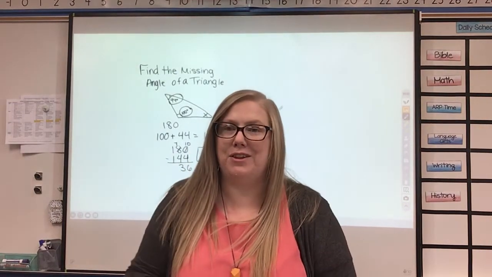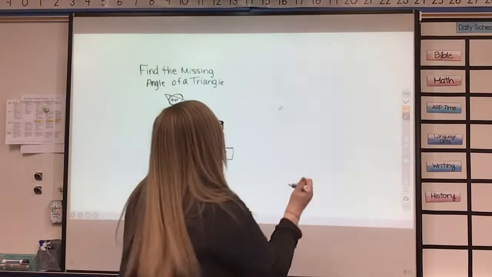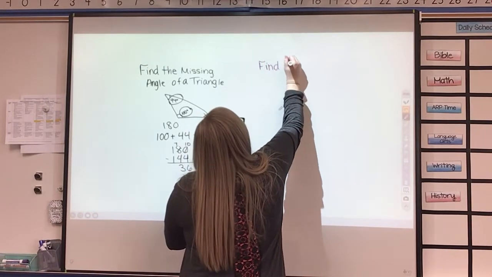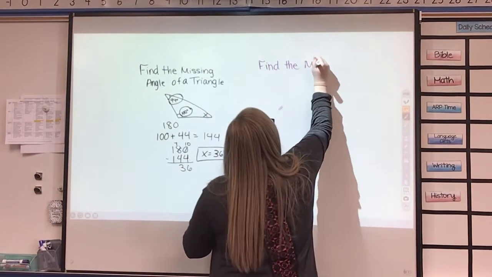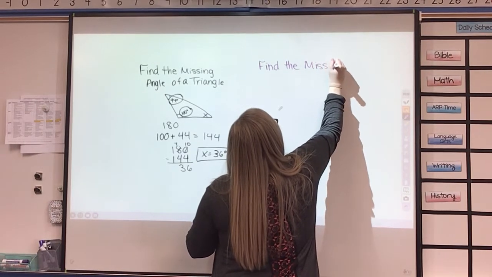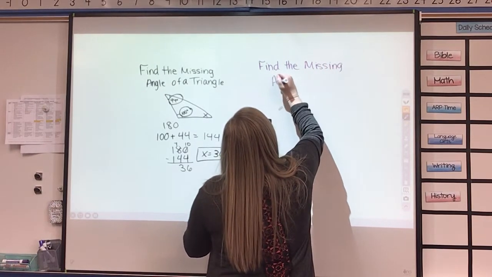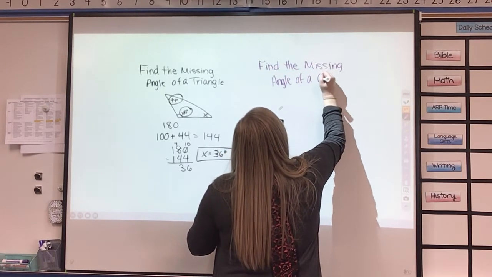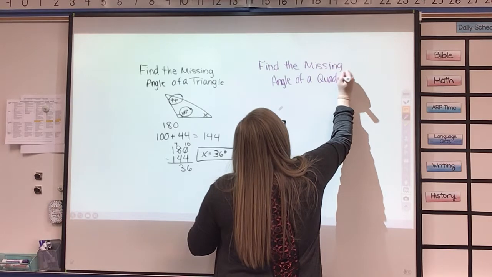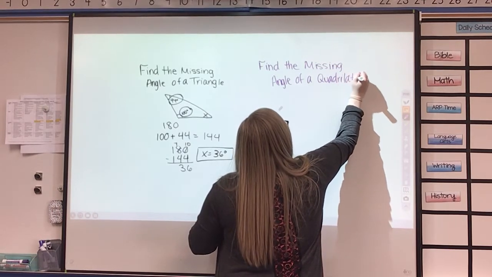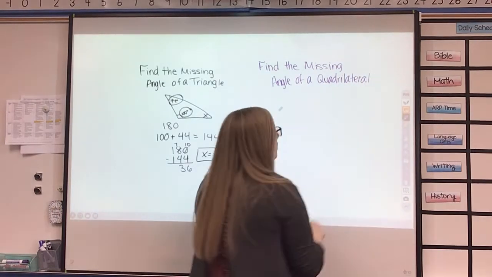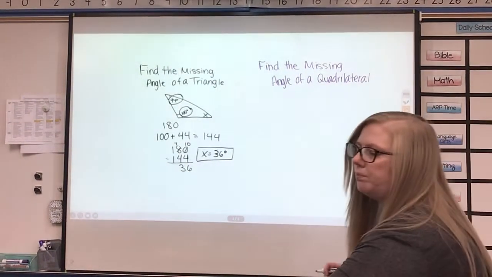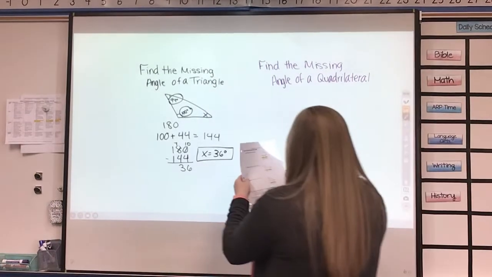So now I'm going to do another example, but with a quadrilateral. Okay, I remove the mouse out of the way. So I have my quadrilateral.